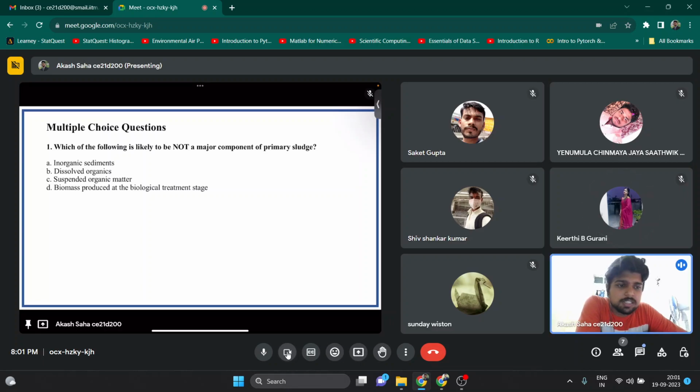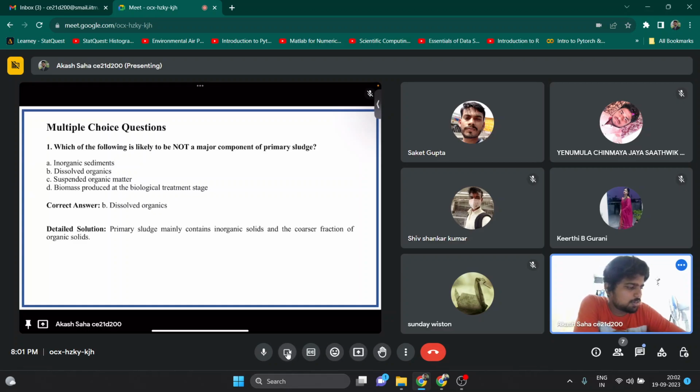The inorganic sediments, do you think it is not a part of primary sludge, or it is the major part of primary sludge? So biomass produced at the biological treatment stage. Yes, that can be. Okay, we will see what is the answer.